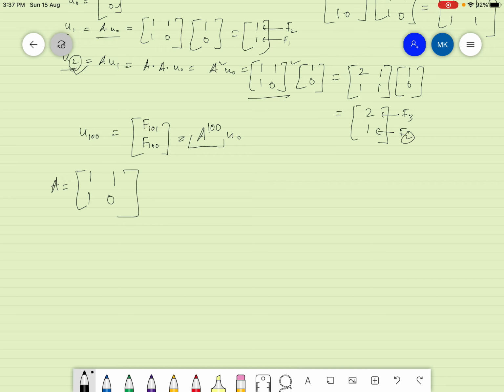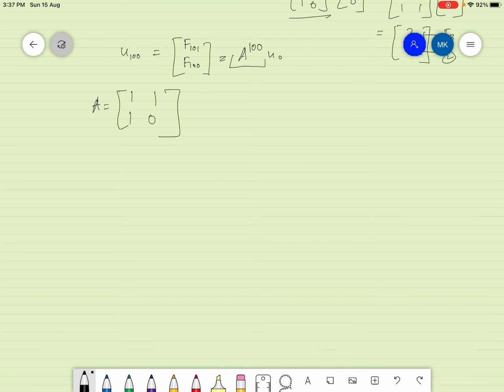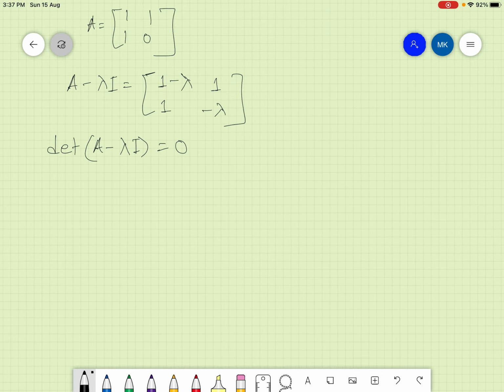So to find the eigenvalues, if you remember from the last lecture, we take A minus lambda I, which equals [[1 minus lambda, 1], [1, minus lambda]]. So the determinant of A minus lambda I equals 0.